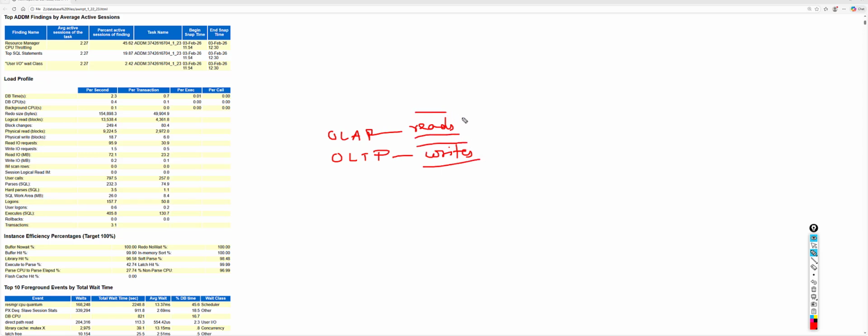OLAP systems are like sales analytics, the historical analysis of data, right? E-commerce analytics: how many customers churned, how many customers got a discount, how many customers are loyal. So these kinds of data are collected in the OLAP database.